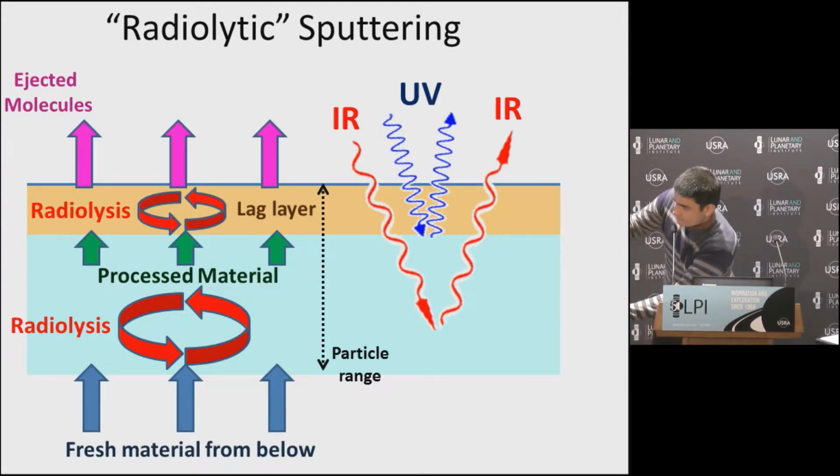And so if you want to think about a simplified model of this, you can think about a layer here where one set of chemistry is happening, and then another type of chemistry is happening at the surface, which is influenced by this loss of material. And you can see also that different parts of the optical spectrum will sample different ranges in this material.